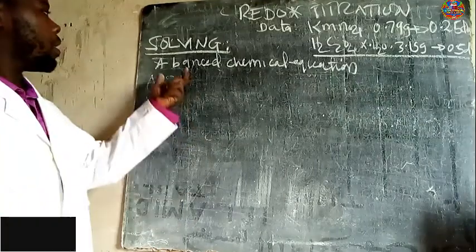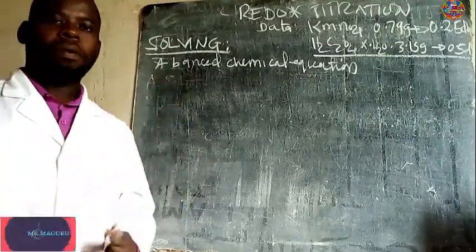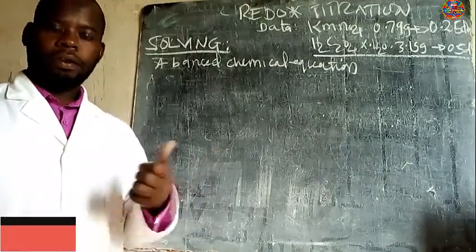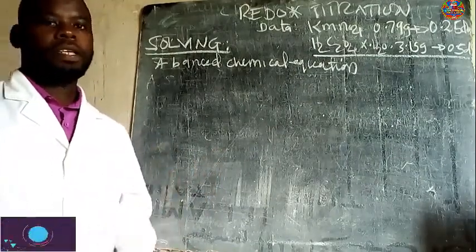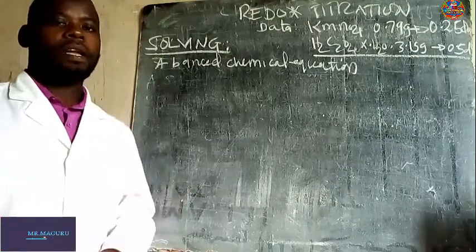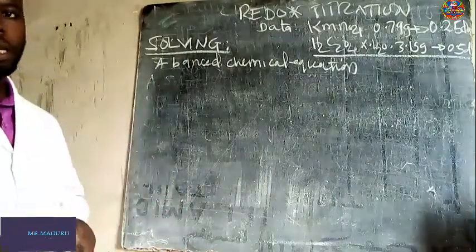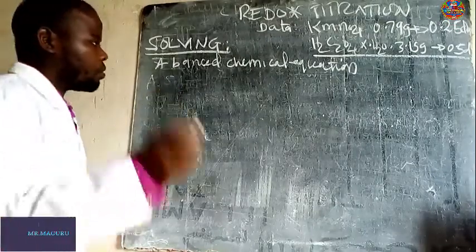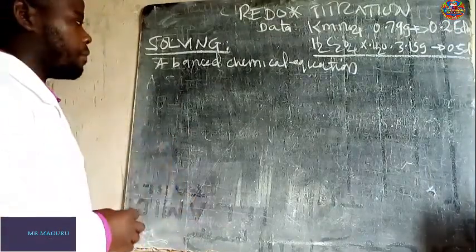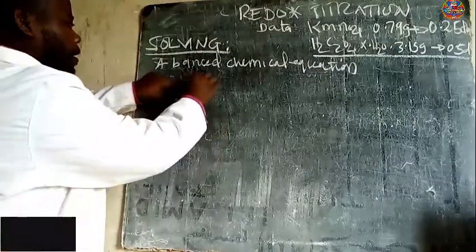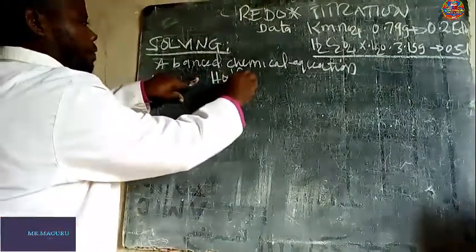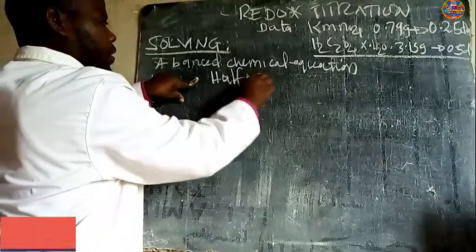I will start with the balanced chemical equation. This is a redox reaction. In the conical flask, we have put sulfuric acid, so that the sulfuric acid provides the acidic medium with the potassium permanganate. So we start with the half reaction, the half reduction.